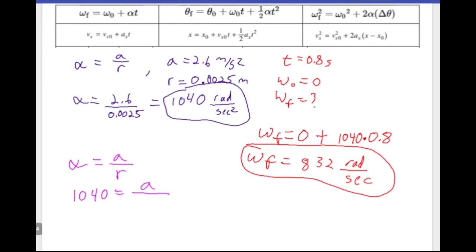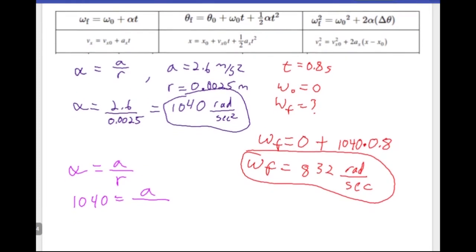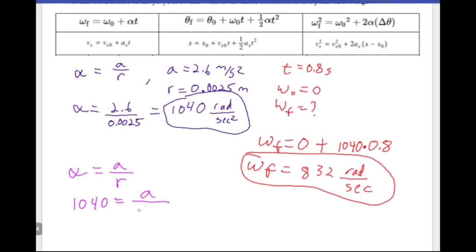We know that the radius at the point at which we're at this time is 3.4 centimeters, also known as 0.034 meters. In order to solve for acceleration, we're going to multiply these together, and we find out that the linear acceleration should be equal to 35.36 meters per second squared.